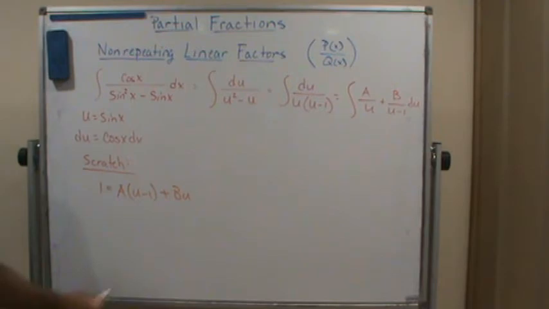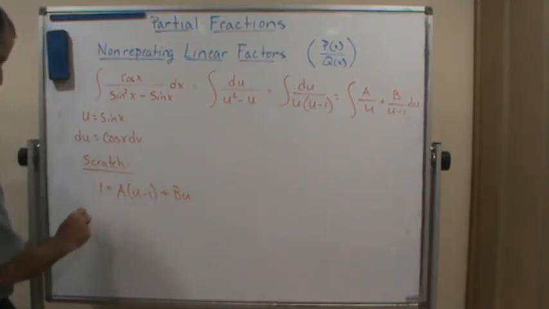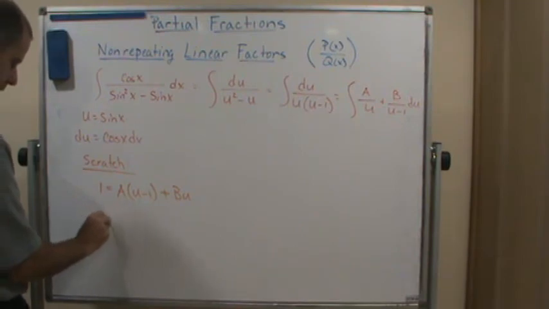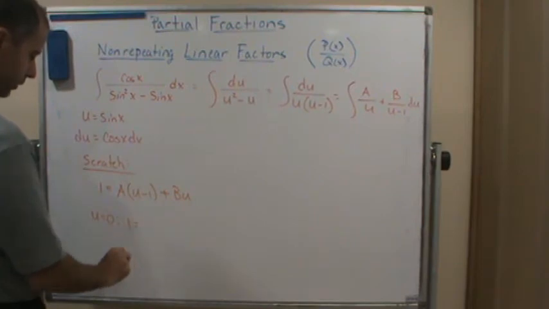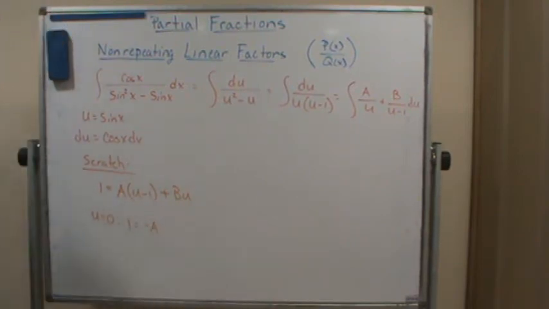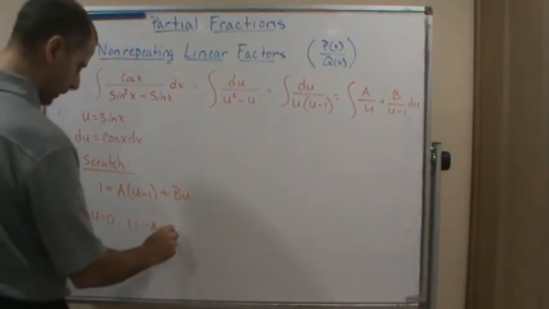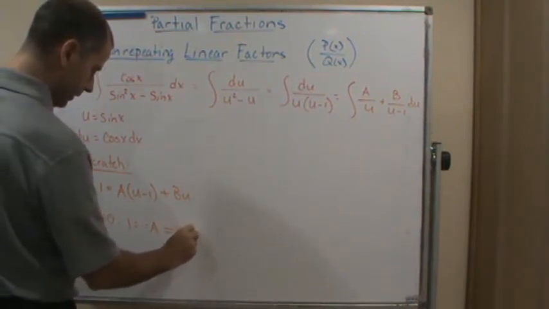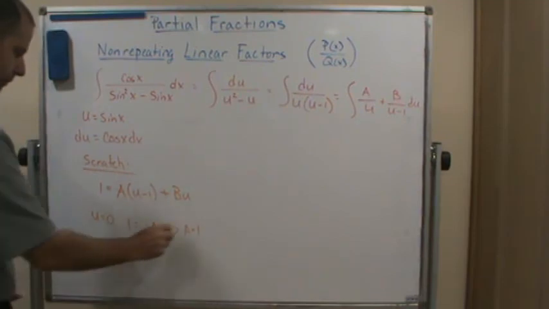And so now, if u is 0, what do we get? We get 1 equals negative a, which means a equals negative 1.